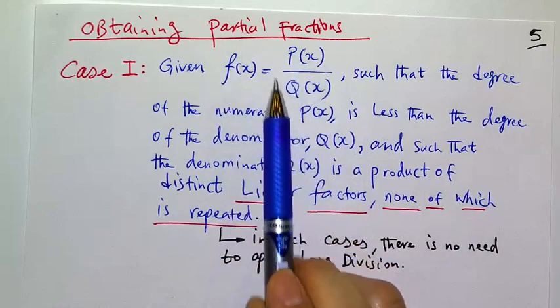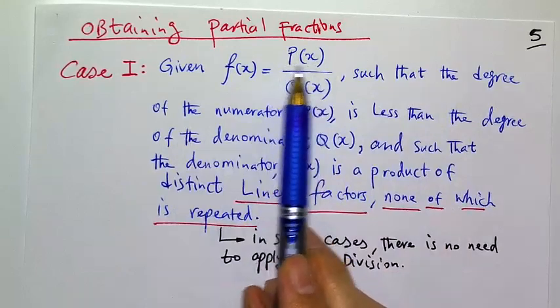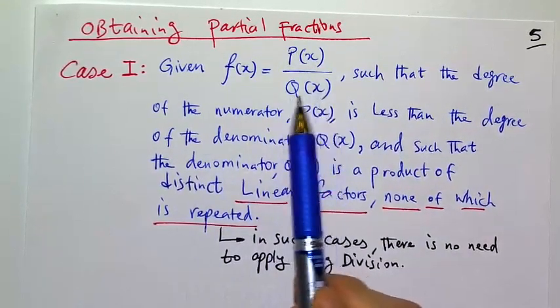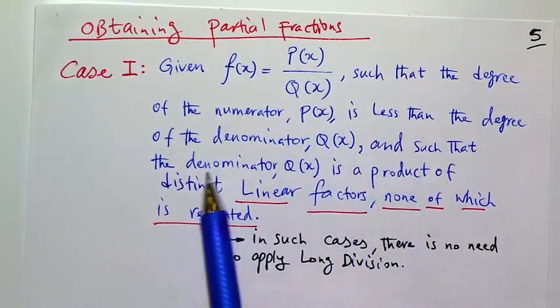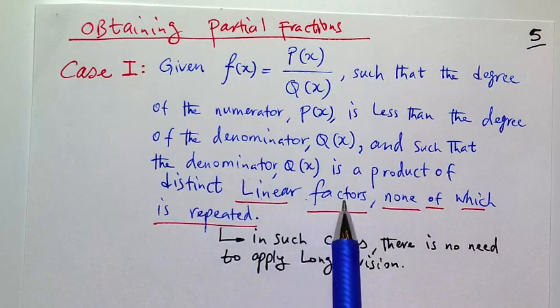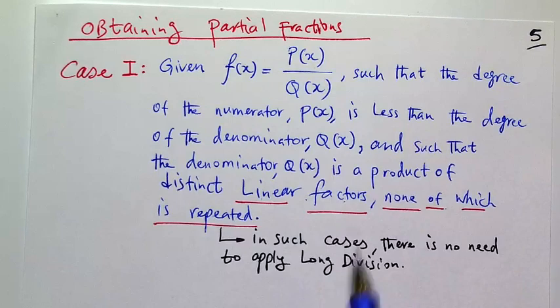So if we have a rational expression such that the degree of the numerator, p(x), is less than the degree of the denominator, q(x), and such that the denominator q(x) is a product of distinct linear factors, none of which is repeated. So these are distinct linear factors.